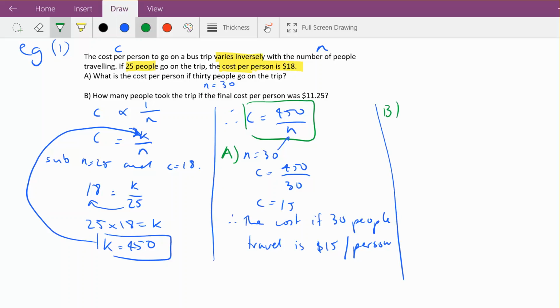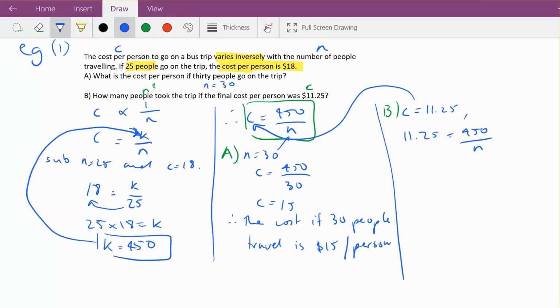Part B says how many people, so find N, if the cost is C equals $11.25. So 11.25 equals 450 divided by N. I'm just putting C in here, right out the front.